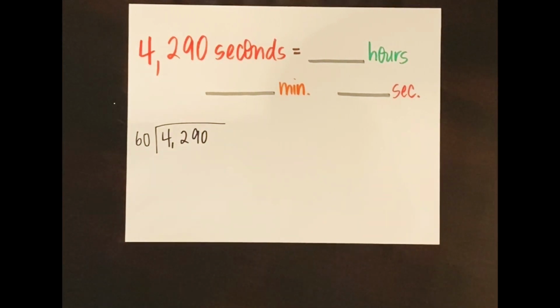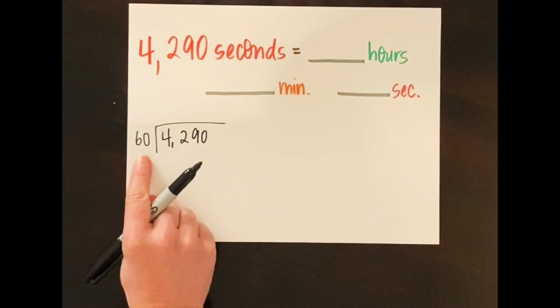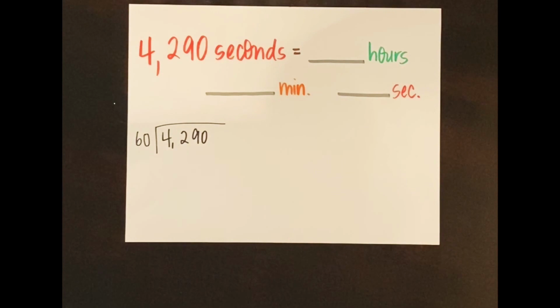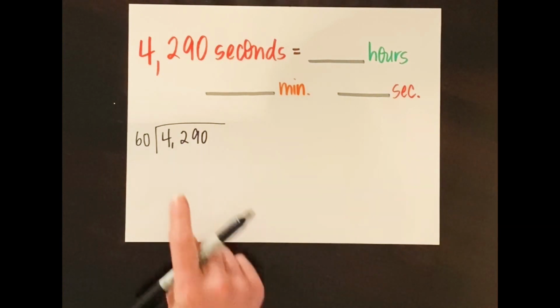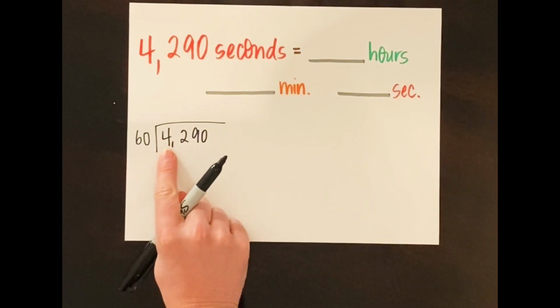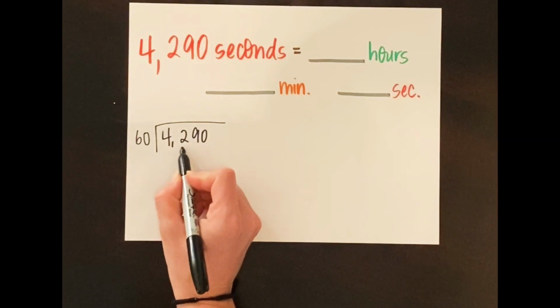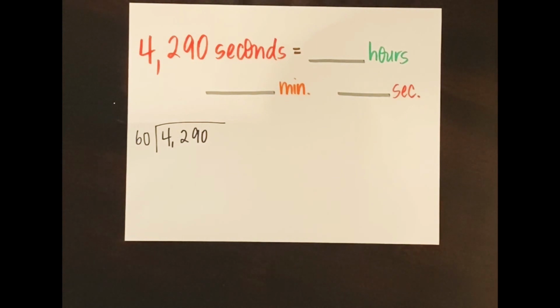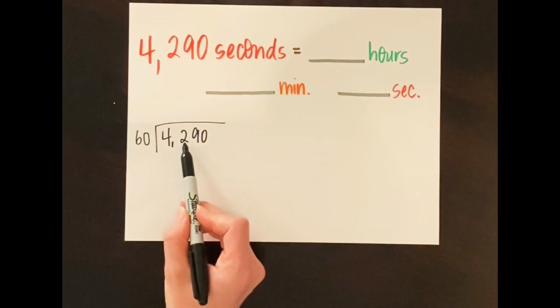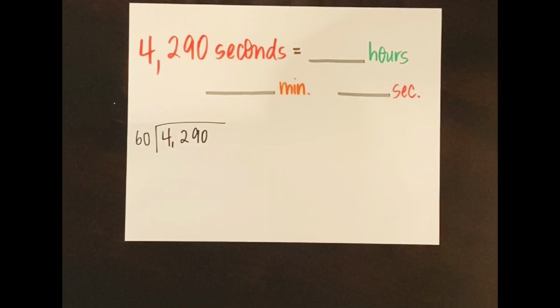Now, we've never divided by a 2-digit divisor, but I can use what I know about 60 being 6 groups of 10. And I also know that this is 4,000. These 2 digits together are 42 hundredths. And if you think about it, if I only had 42 hundredths, I wouldn't be able to make 60 groups.